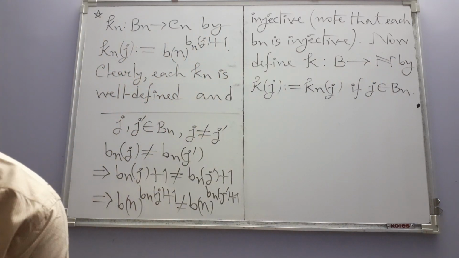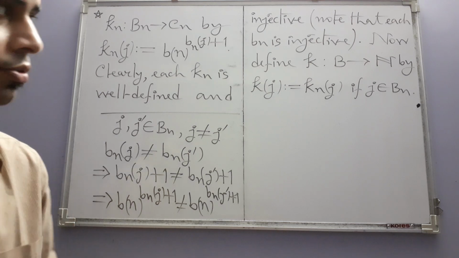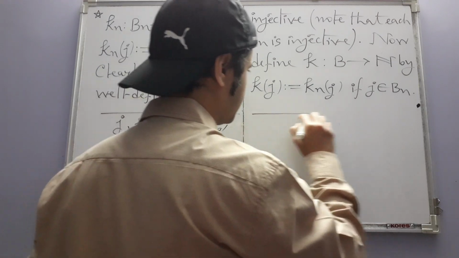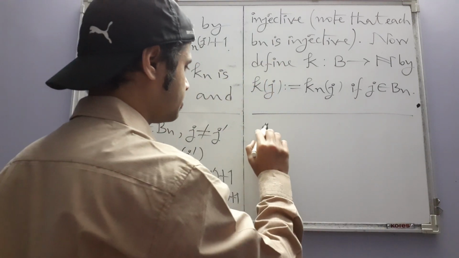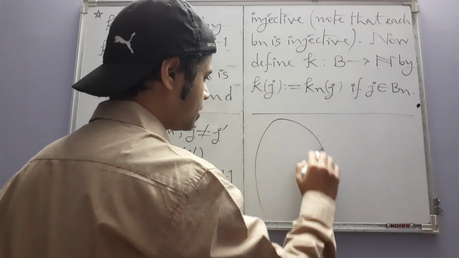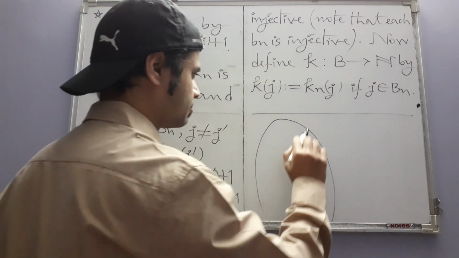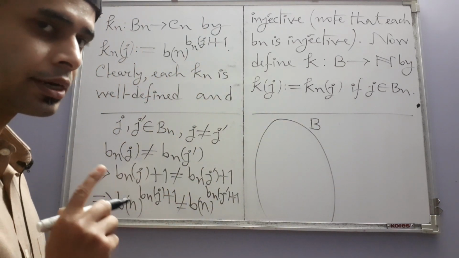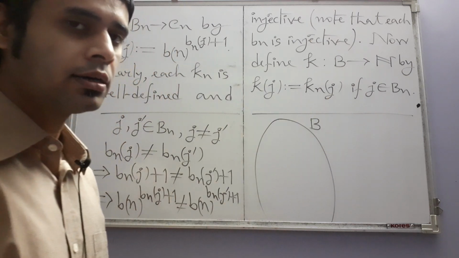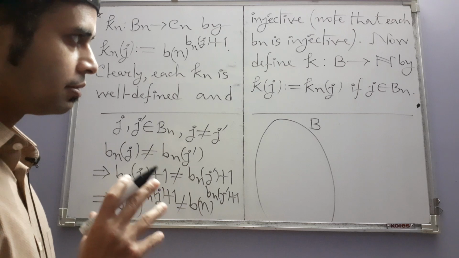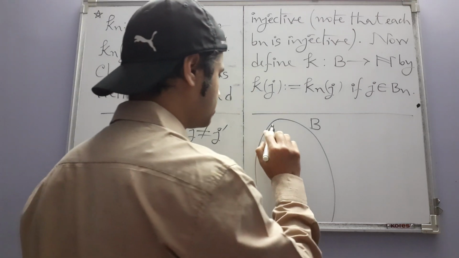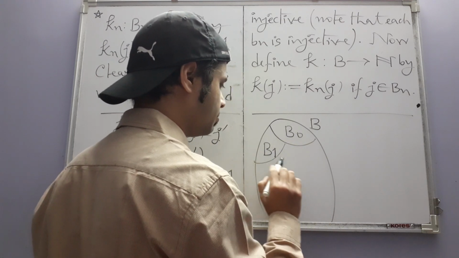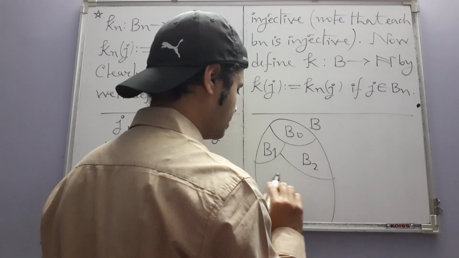Now this part we have to understand carefully. So what we see here is this. Let me draw a diagram for this. This is our B, inside of which we have the Bn's, and keep in mind the Bn's are mutually disjoint, and now we need this mutual disjointness. Say this is B0, this is B1, B2 and so on, right?